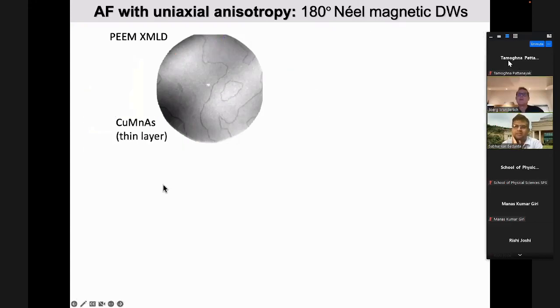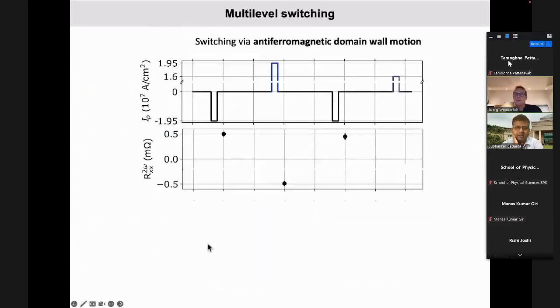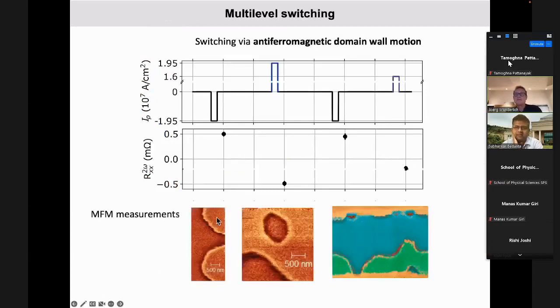So what you see here, right? Clearly, first of all, you can distinguish the domains. Because it's not really an antiferromagnet, it's a synthetic antiferromagnet, and those two layers are not fully identical, there is a stray field which you can detect and identify with MFM. Similarly, the domain walls are visible as a kind of double contrast, white and black.